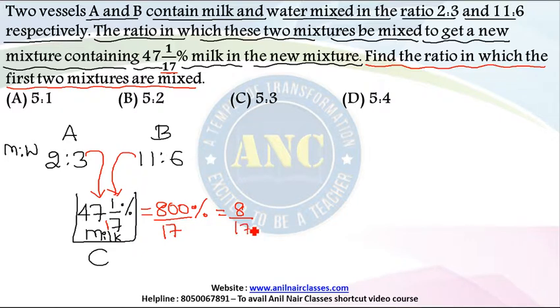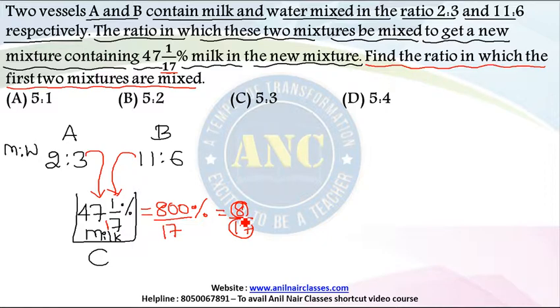Sir, what is the meaning of 8/17? 8/17 means 8 liters of milk is present out of total 17 liters of solution. Please do not consider 8/17 as 8 liters of milk and 17 liters of water. That is an incorrect thing.